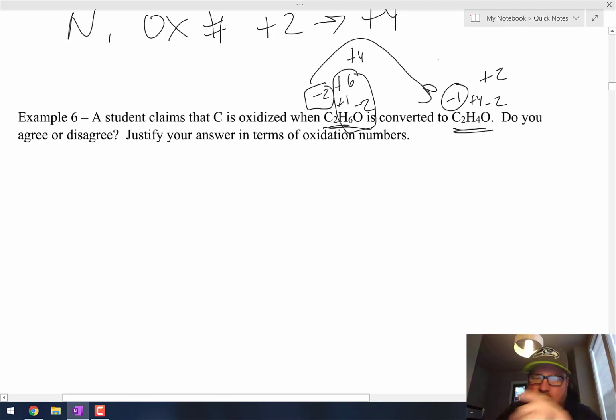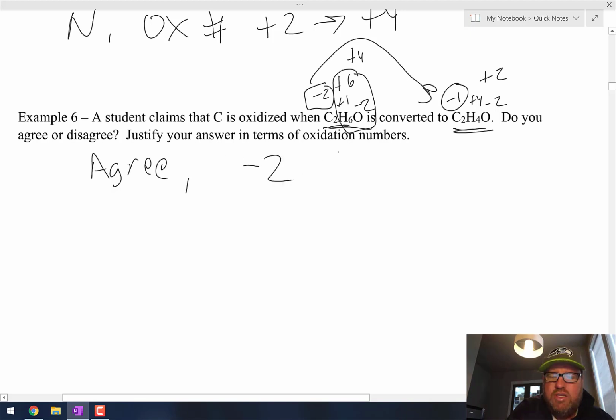So remember, if the oxidation number is reducing, that's reduction. Here the oxidation number is increasing from -2 to -1. So that is oxidation. So do you agree or disagree? I agree, because the oxidation number of carbon is going from -2 to -1, which represents losing electrons, which is oxidation.